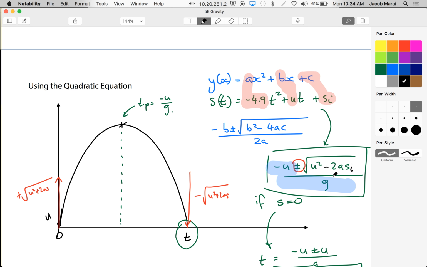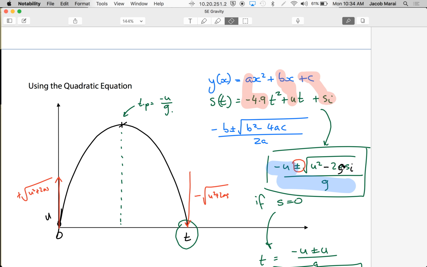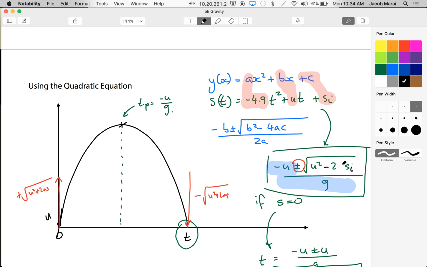We set that a term is always going to be minus 4.9. Just be careful with that. Wait. G times 2g, plus G times 2g s initial. Sorry. Okay. Yeah, because a is a half of g and I didn't put the half in.